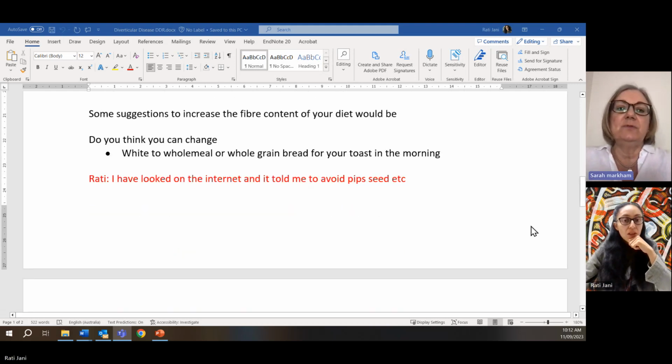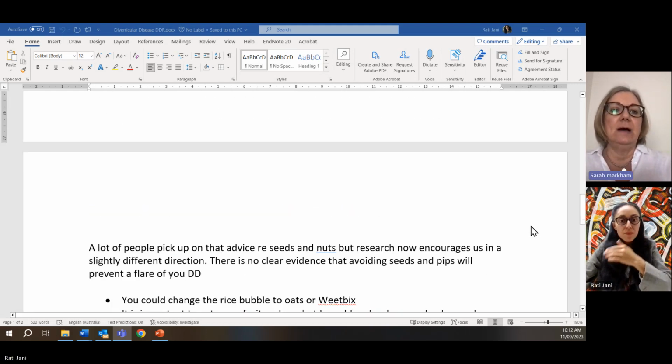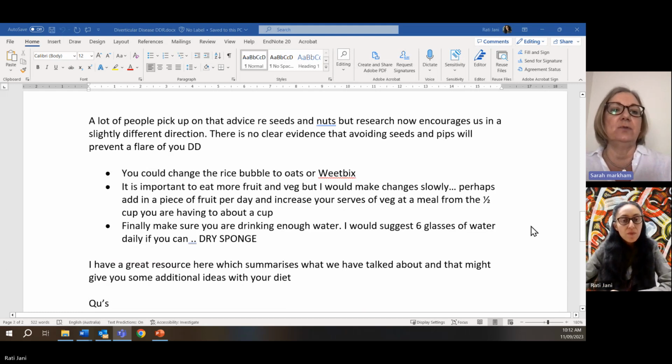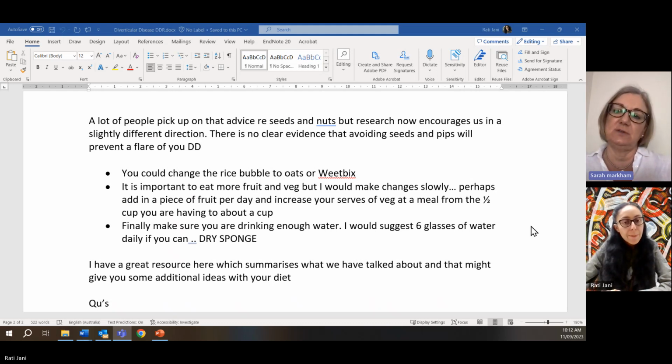So yes, a lot of people find that if you look on the internet, a lot of websites will suggest that you need to stay away from seeds and nuts and skins and that type of thing. What's happened is we've done more research in relation to diverticular disease, and there's no real evidence now to suggest that avoiding those foods will prevent a flare up or even make a flare up happen.